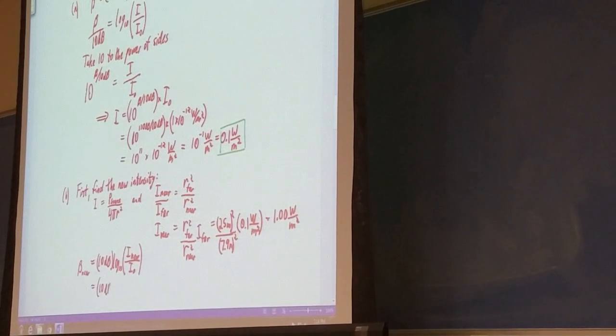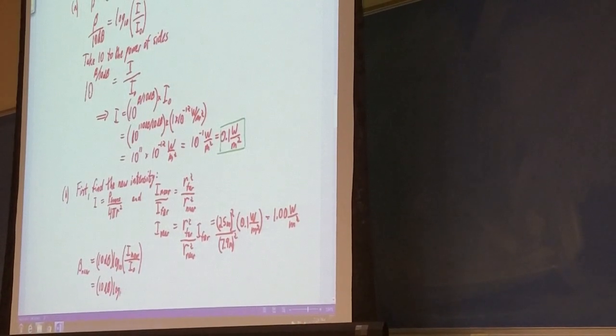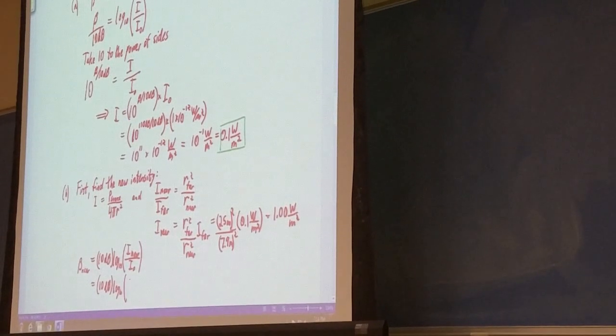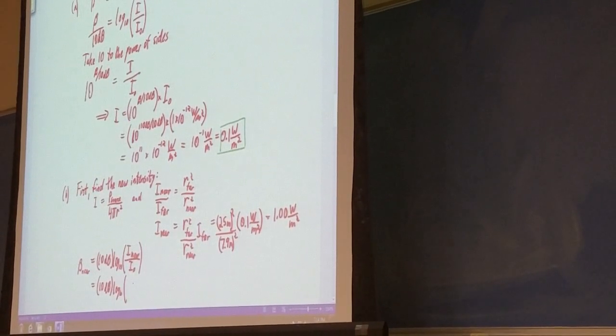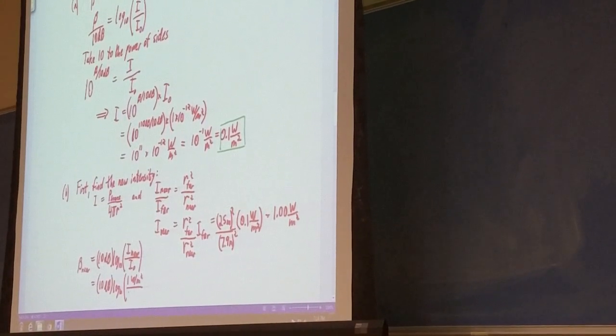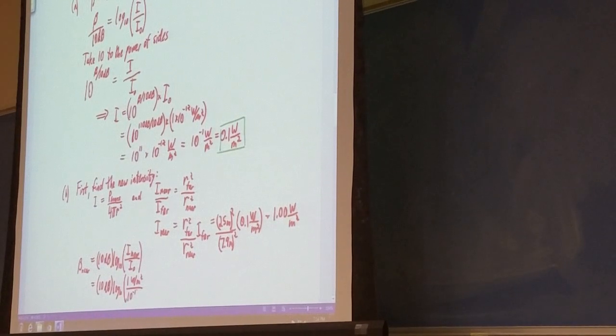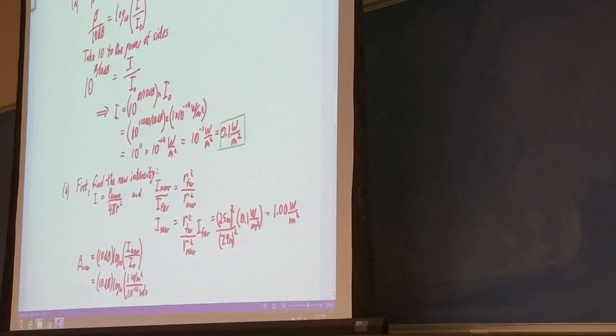And that is 10 decibels times the log base 10 of our I near, which is 1.0 watts per meter squared divided by 10 to the minus 12 watts per meter squared.